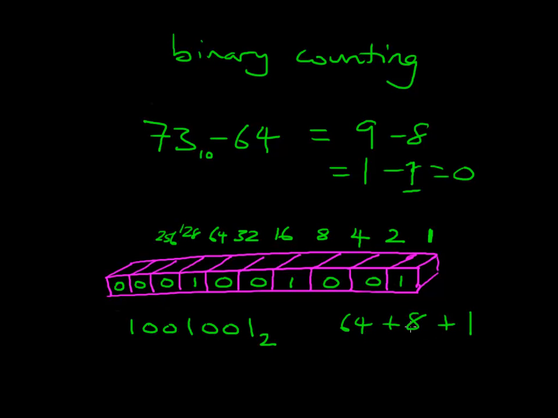So 64 plus 8 is 72, plus 1, which is 73 in base 10, which is the answer which we wanted to get. And so you can see there that we can convert between binary and denary numbers and back again, and it's actually a very, very simple process.